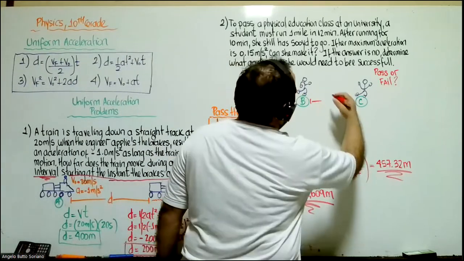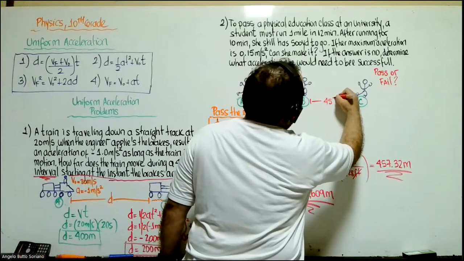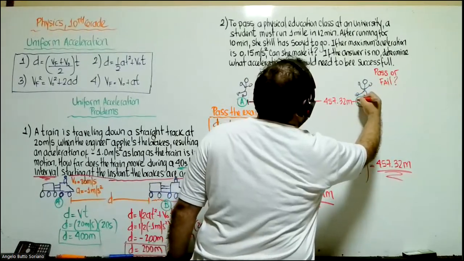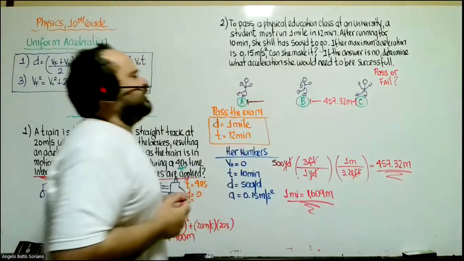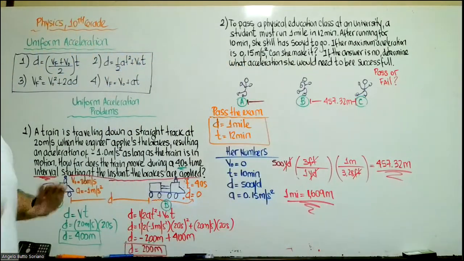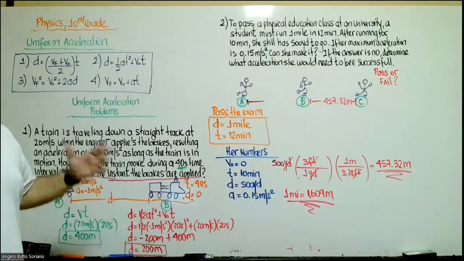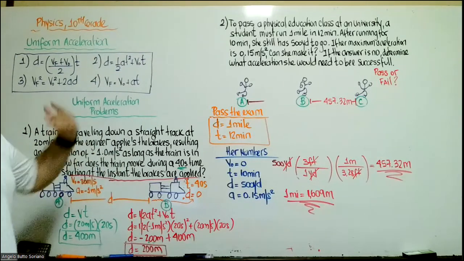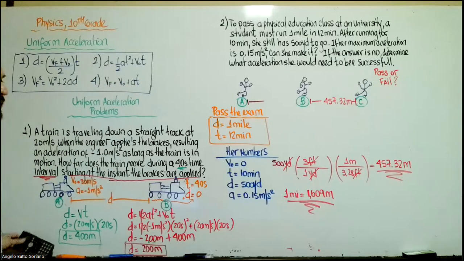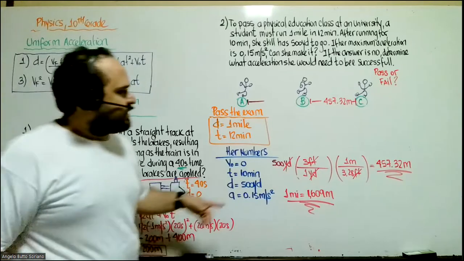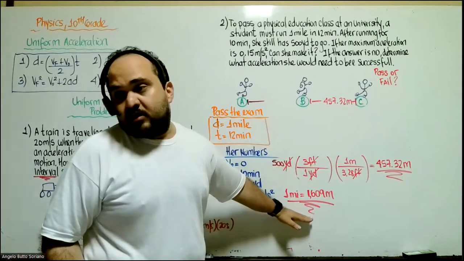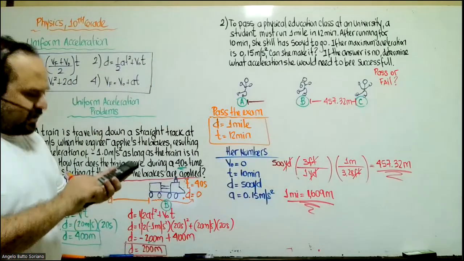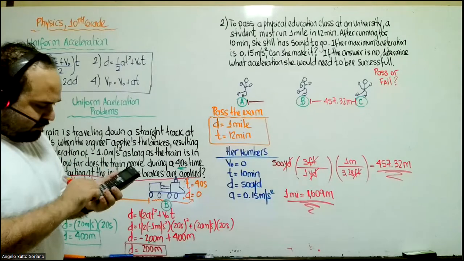She still has to move 457.32 meters to move from point B to point C. And if you want to know the distance covered between A and B, it's simple. I subtract the remaining distance, 457.32, from the entire distance she's supposed to cover, 1,609.